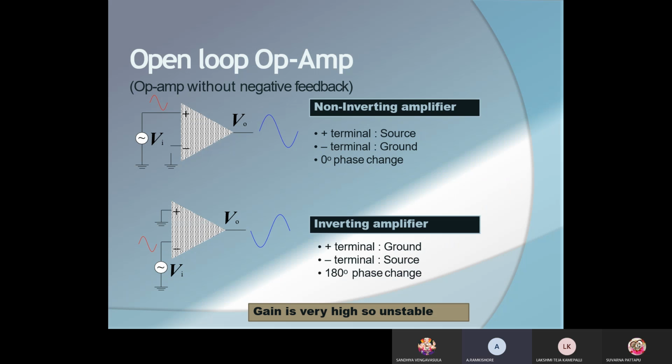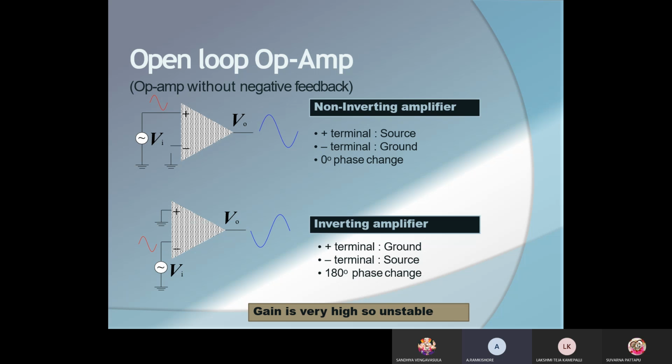So next one, the op amp may work under open loop, that is without feedback, and with feedback. Open loop op amp means we are having no feedback. So that may work as a non-inverting amplifier and an inverting amplifier. When we are connecting the input signal to the non-inverting terminal, plus is non-inverting and minus indicates the inverting terminal.